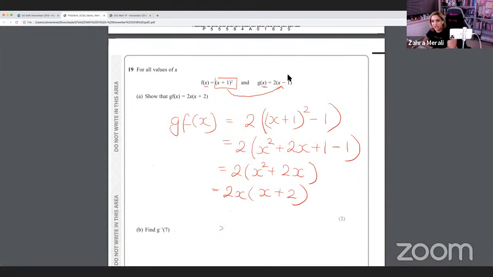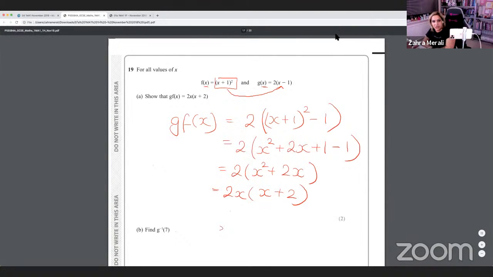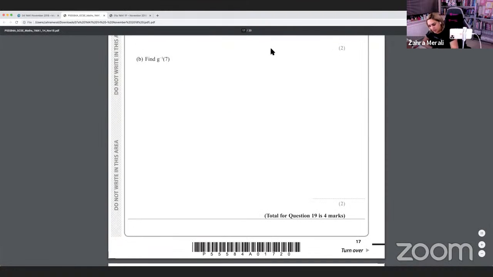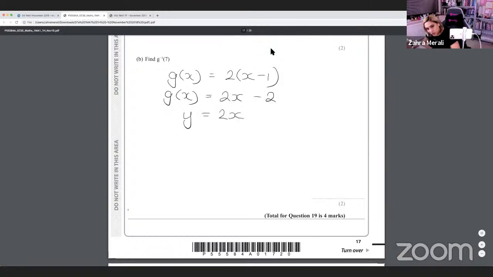Right, so we've got g to the minus 1 of x. So we want to find the inverse, which means what we do for g is we take, so I'm going to rewrite g up here for you. So g of x was 2x minus 1, so g of x equals 2x minus 2. So that's the same as saying y equals 2x minus 2.